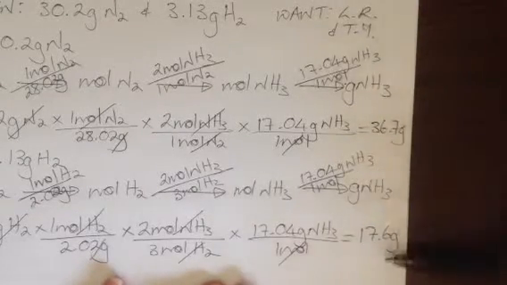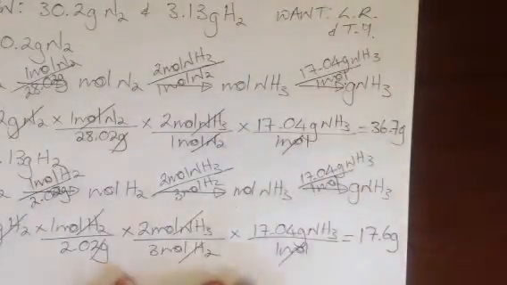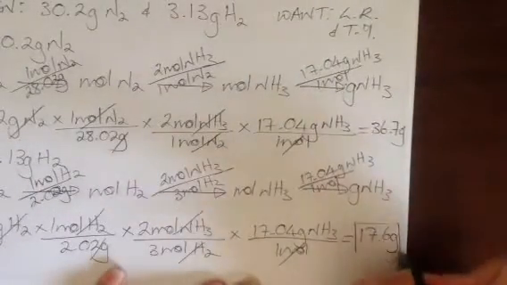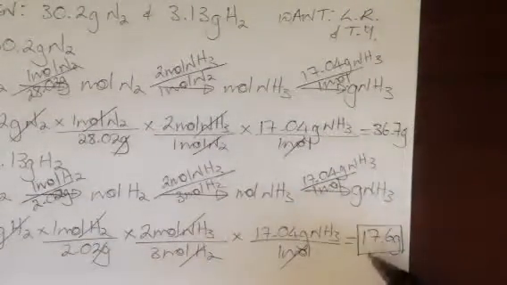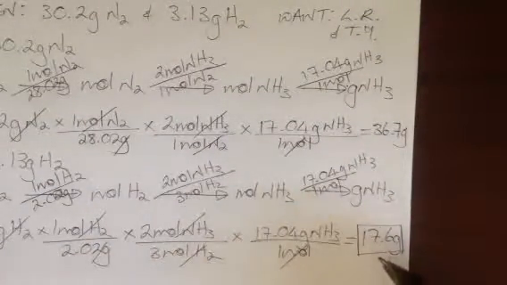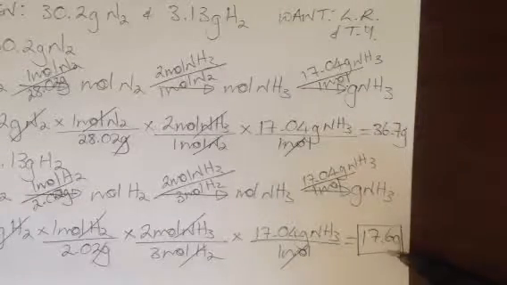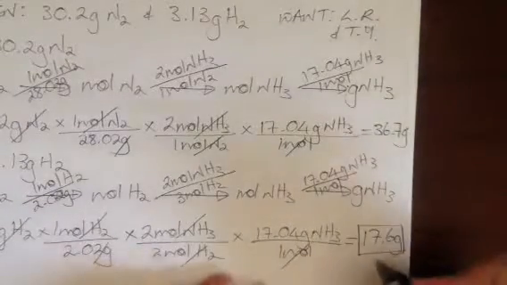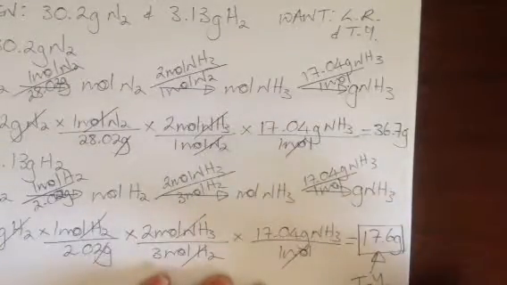So the maximum amount of ammonia we can make, given those two amounts of reactants, is 17.6 grams. Even though that's the smaller of the two numbers, it's the amount we can make because we don't have enough hydrogen to make 36.7 grams. We only have enough hydrogen to make 17.6 grams. So that is our theoretical yield.